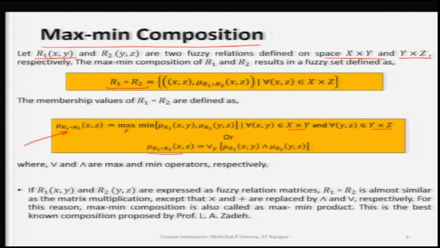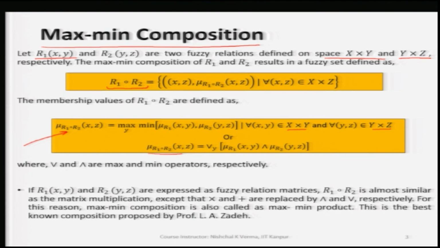R1 is the relation defined in the universe of discourse capital X cross capital Y. R2 is the relation defined in the universe of discourse capital Y cross capital Z. So, R1 and R2 are two fuzzy relation sets defined in different universes of discourse.